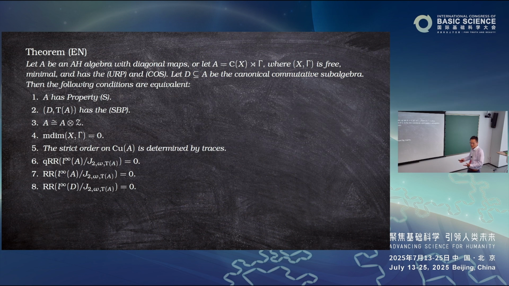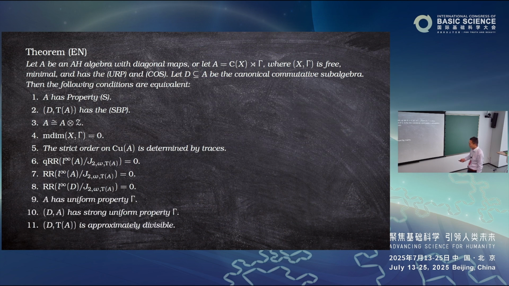It talks about the approximation of self-adjoint elements using something small near 0. So it can be characterized by real rank zero, and it can also be characterized by something called the uniform property gamma.